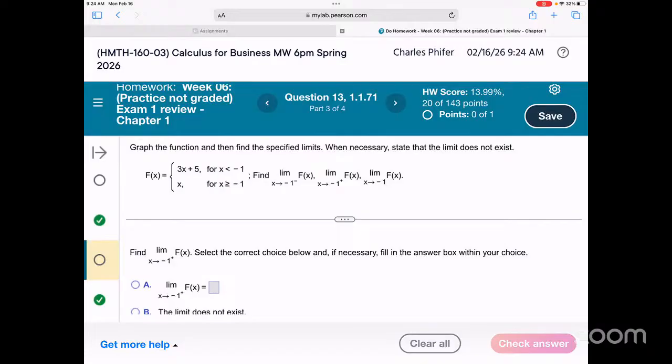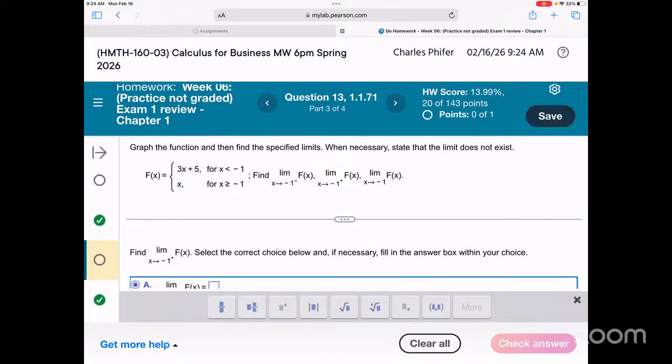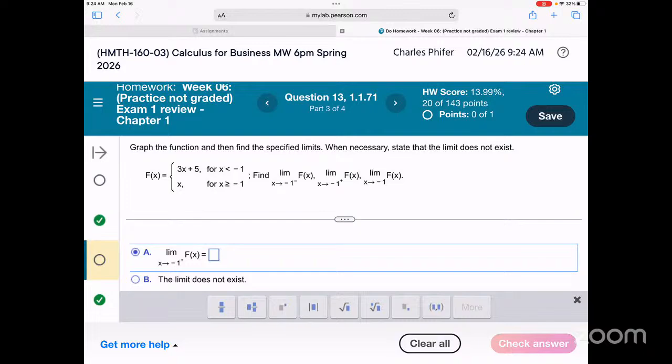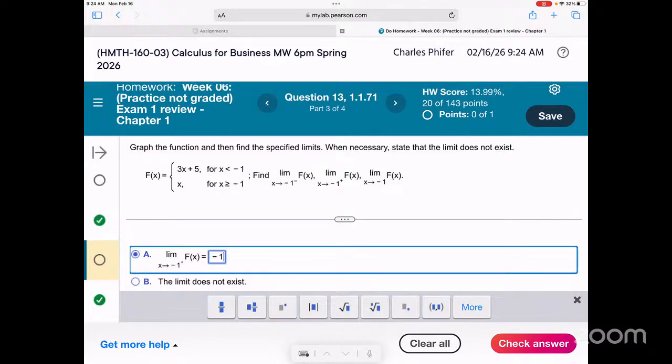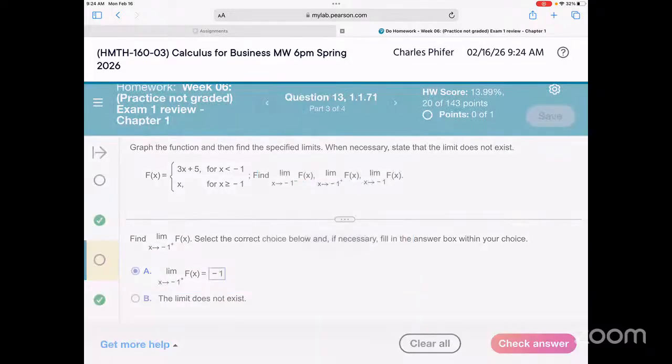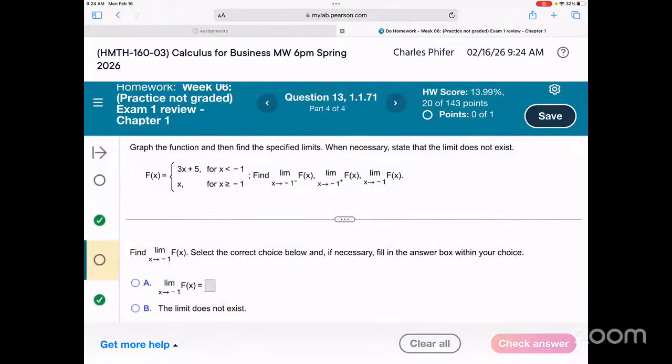It's just going to be a negative 1. So then because the left-hand limit does not equal the right-hand limit, we say the limit does not exist.